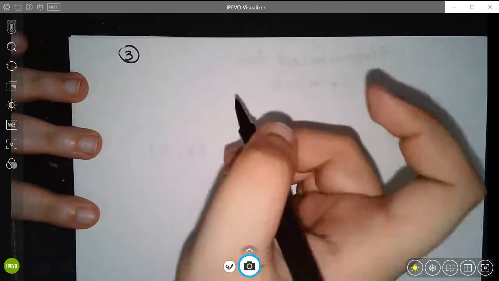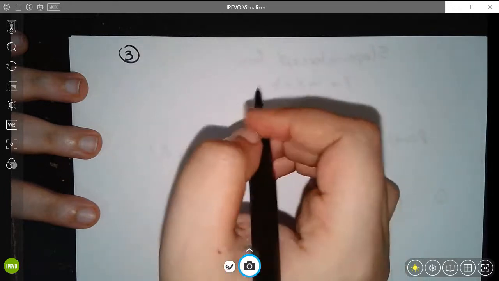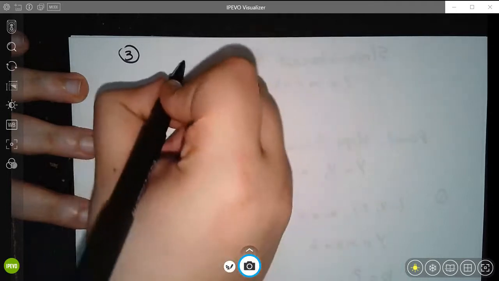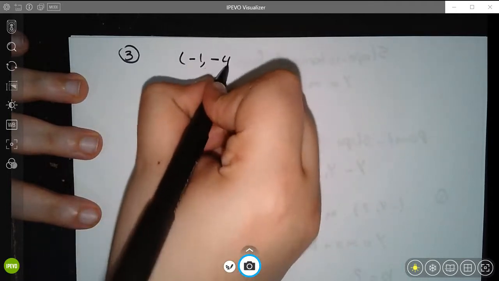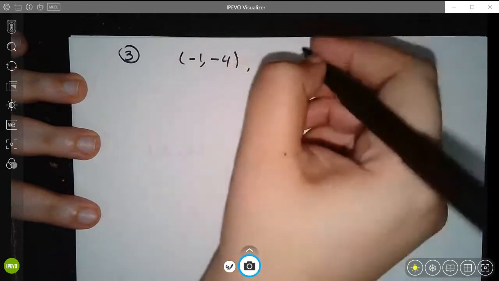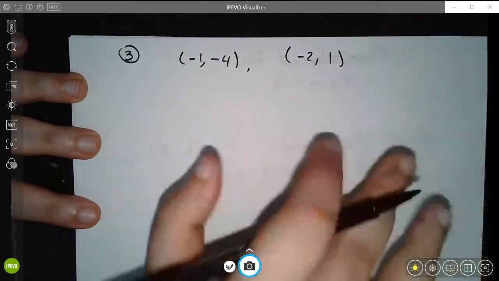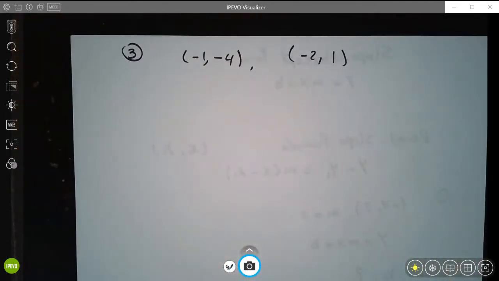So for example, here the question this time gave you what? It gave me 2 points. It says that the line passes through (-1, -4) and the point (-2, 1). So it gave me 2 points and asks you to find the equation.